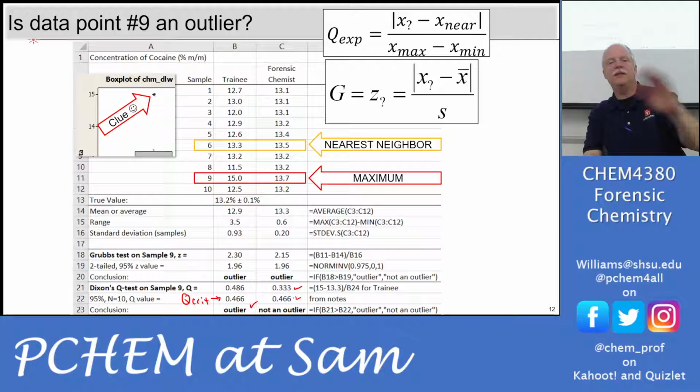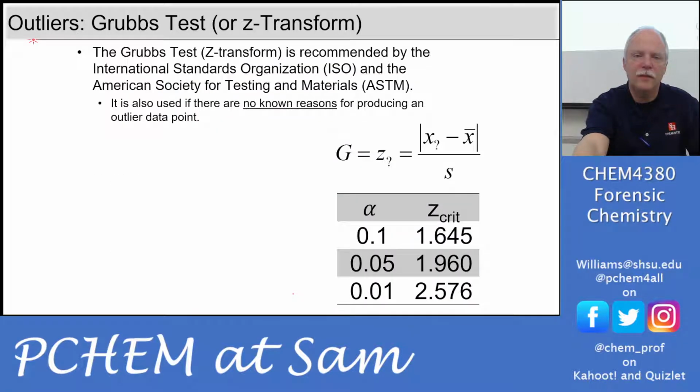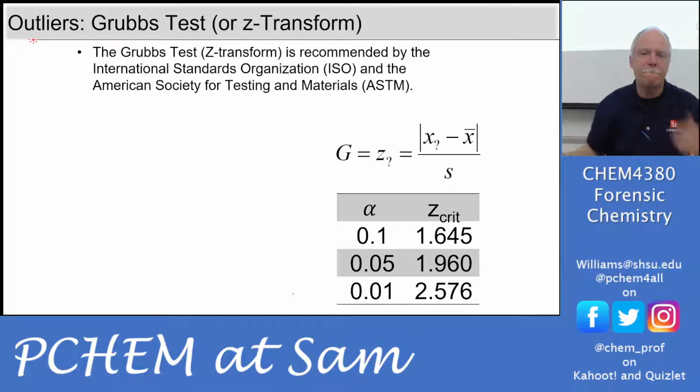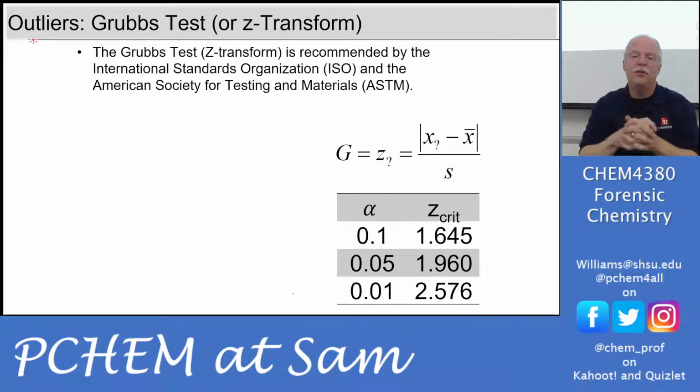Now let's go back a slide and look at the Z transform. This one has a little bit stronger pedigree. It's supported by the ISO, the International Standards Organization, and the ASTM. And it's based on a normal distribution. So we have these Z critical values, which look familiar, right?